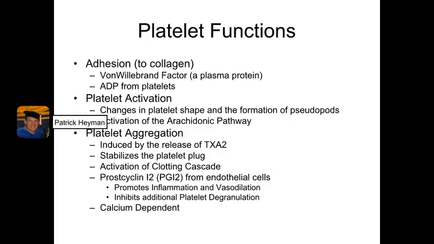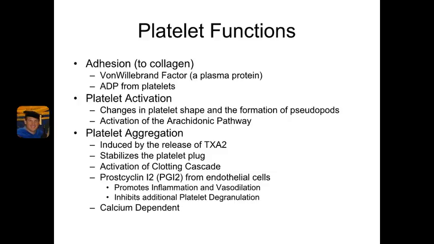So a little bit of detail on adhesion. In order to adhere, remember, it has to express certain molecules on its cell membrane. So it typically is going to stick to something known as von Willebrand factor on the vascular wall, and it's going to stick to platelets. In order to be able to stick to platelets, there has to be an ADP activation on platelet receptors.